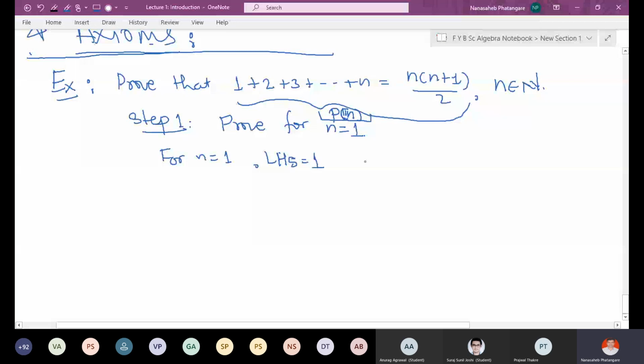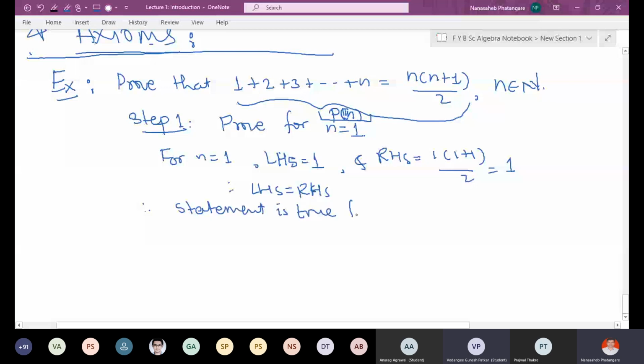And what is the RHS? It will also be 1. 1 into 1 plus 1 divided by 2, that is 2 upon 2, equal to 1. So LHS is equal to RHS. Thus, the statement is true for n is equal to 1. Right, so we are done with the first step.